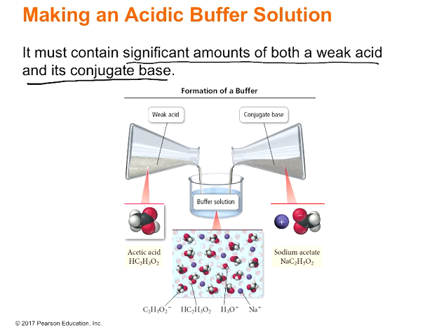So here we have an example of acetic acid, which is a weak acid. And this is what's present in vinegar. And then we're also going to add significant amounts of its conjugate base, which is acetate. And then just to balance that negative charge, we also have a sodium ion.